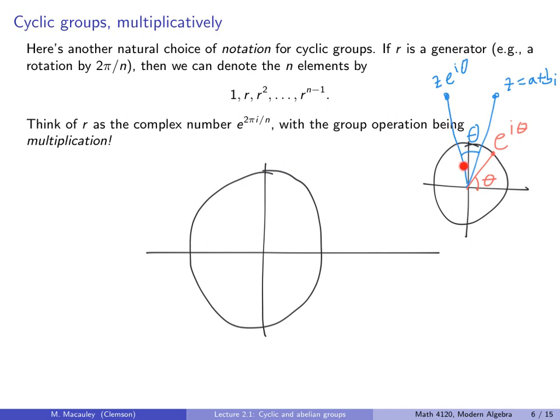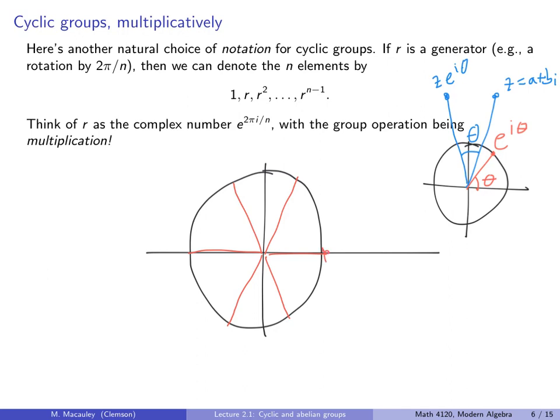So this angle from the positive x-axis, or real axis I should say, is just the angle of this one, rotated by theta, plus the angle of this. So going back to the unit circle over here, e to the 2 pi i over n, let's let n be equal to 6 for this example. So in that case, these are called the roots of unity.